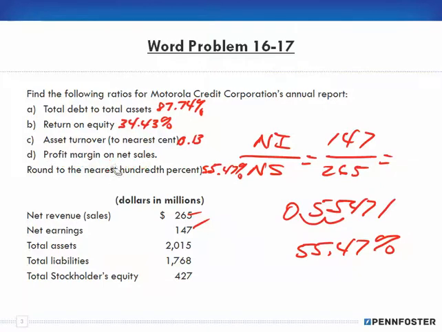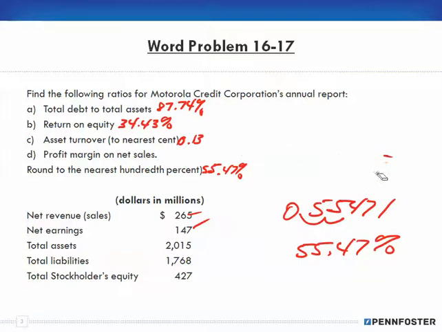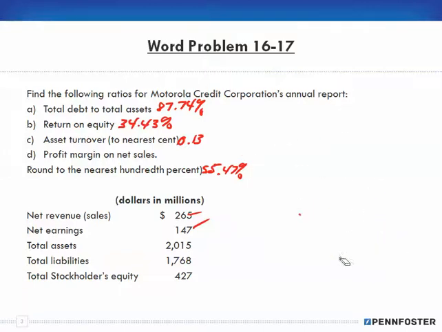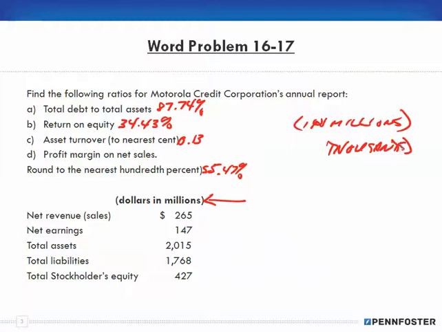Okay, and now yes, as I was writing that, I also recalled what I was thinking about earlier. Notice that these figures are in dollars and millions. When you're looking at financial statements, sometimes it will say in parentheses, in millions, or in thousands.